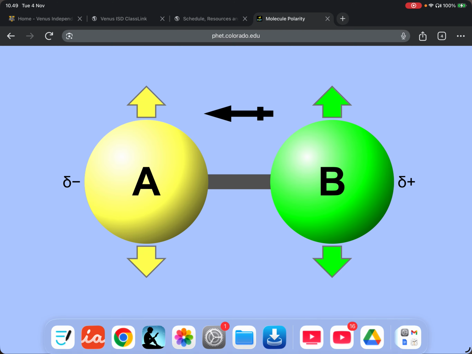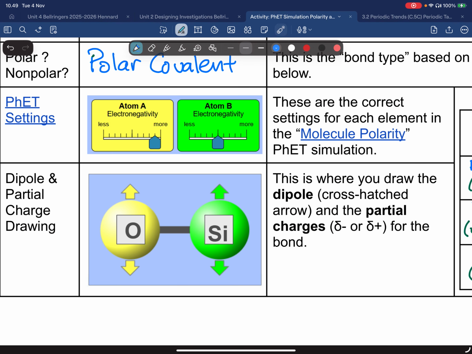We're going to draw it in just like it is. Now remember, this one was electronegativity of 3.44 and this one was 1.9. So the dipole is always pointing towards the biggest one.